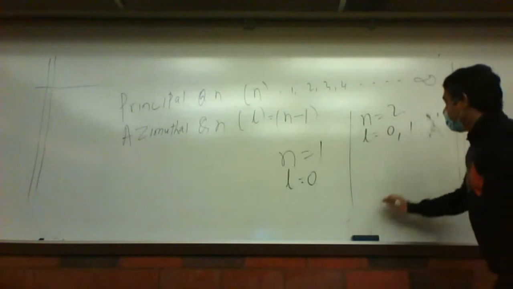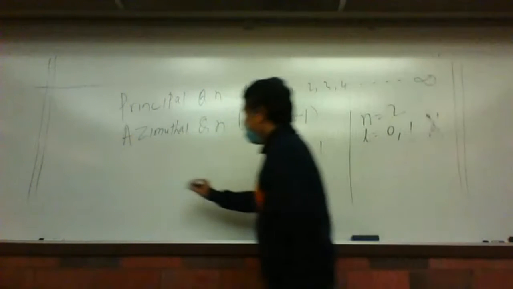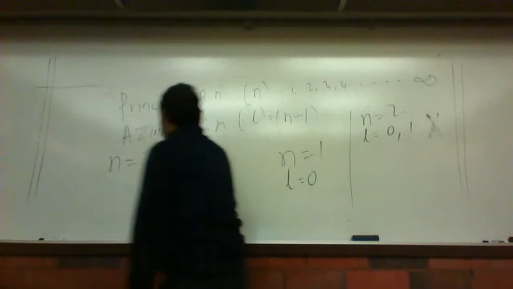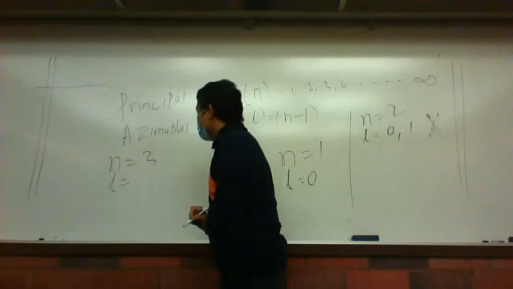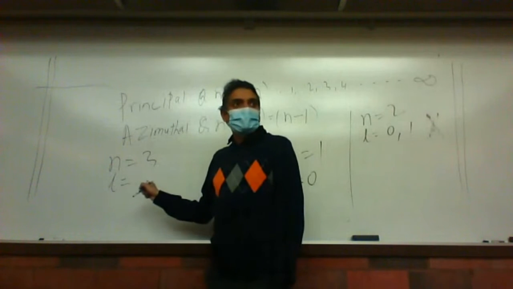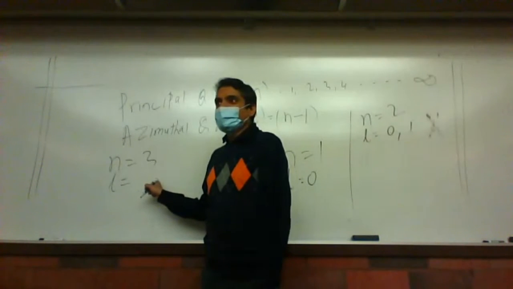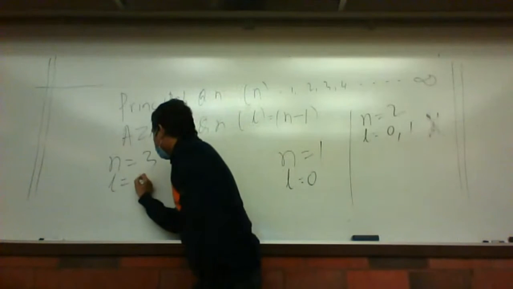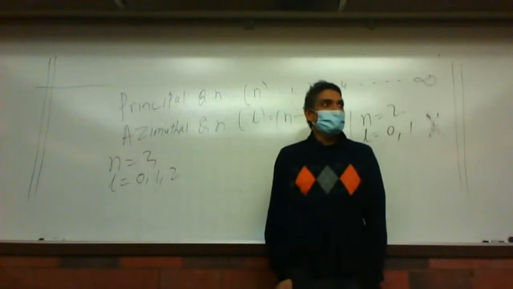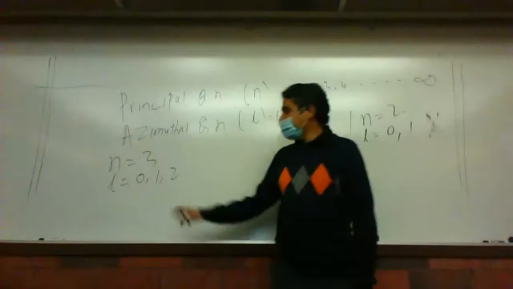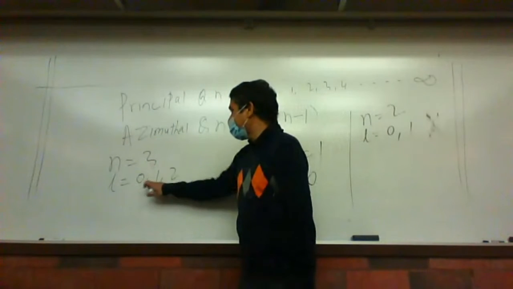So let's talk about n equals 3. What is the value of l? The azimuthal quantum number always starts from 0, but we cannot go up to 3. So we just have 0, 1, and 2. How many values are there? If n equals 3, there are 3 values.